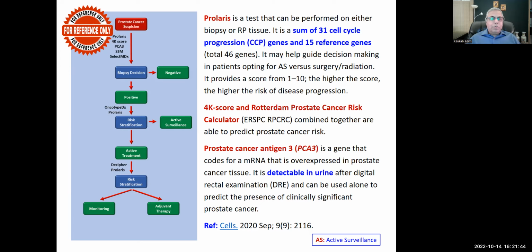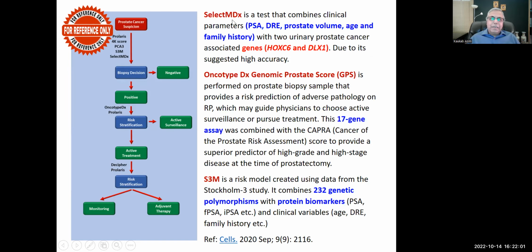You can get a more accurate prediction of the prognosis or response to treatment. 4K score in Rotterdam prostate cancer risk calculator, prostate cancer antigen 3, which is detectable in the urine. Then you have select MDX, in which you combine clinical parameters like prostate specific antigen, digital rectal examination, prostate volume, age, family history, and some genes.